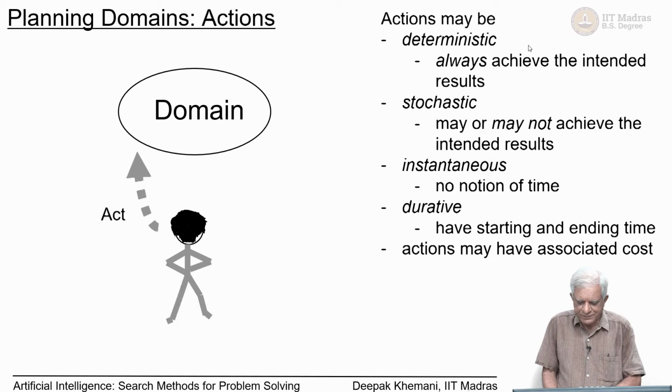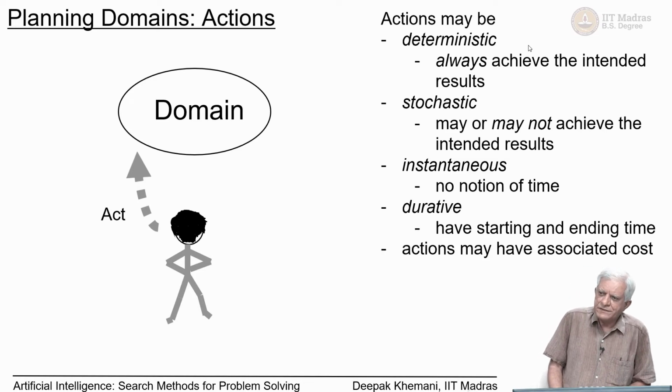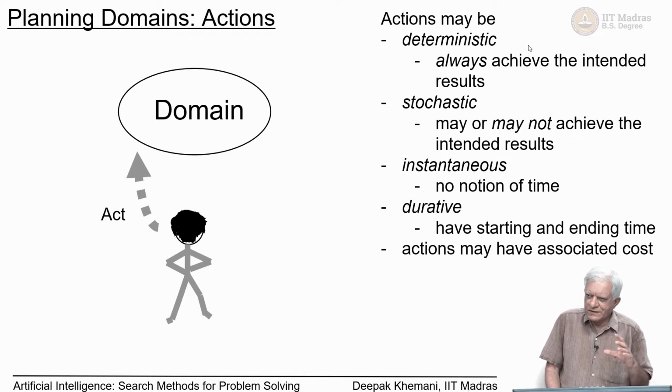One doubt. If we say an action is deterministic, it cannot be instantaneous or durative. Is that so? No, actually these are different dimensions. One is that they are deterministic or stochastic. If I give you the example of walking on snow or ice, it can be thought of as a durative action.